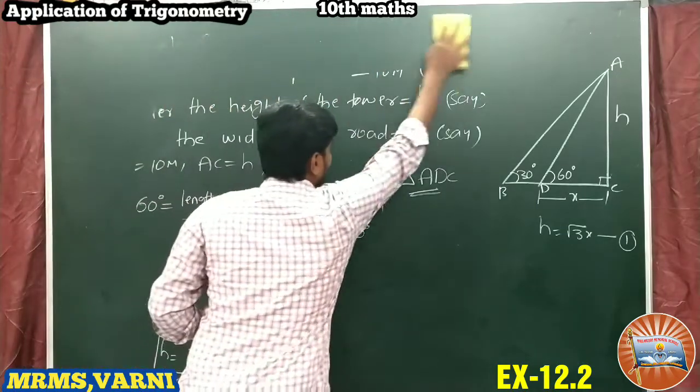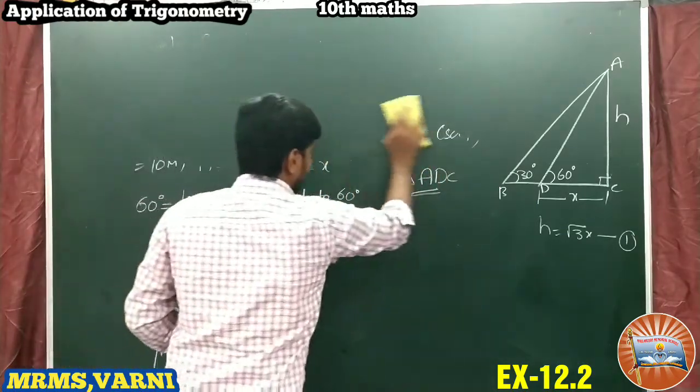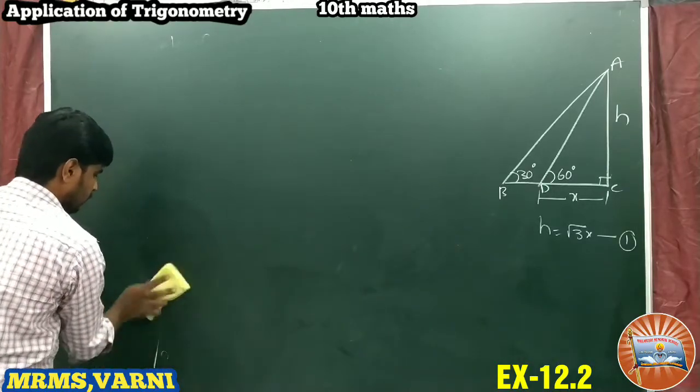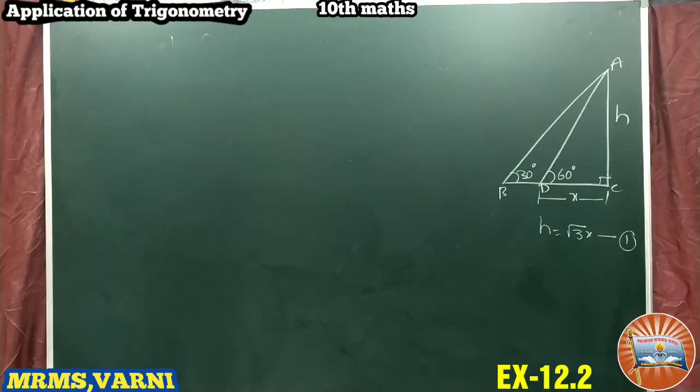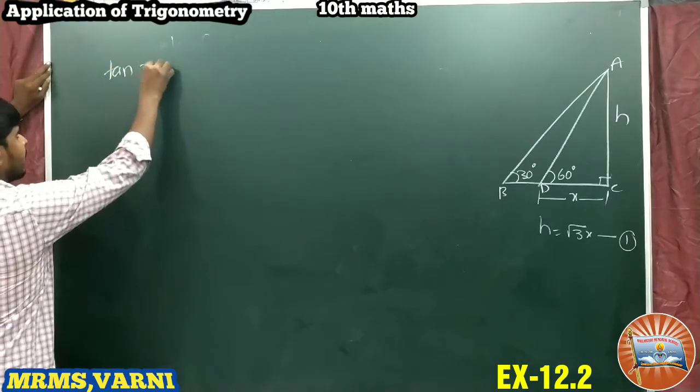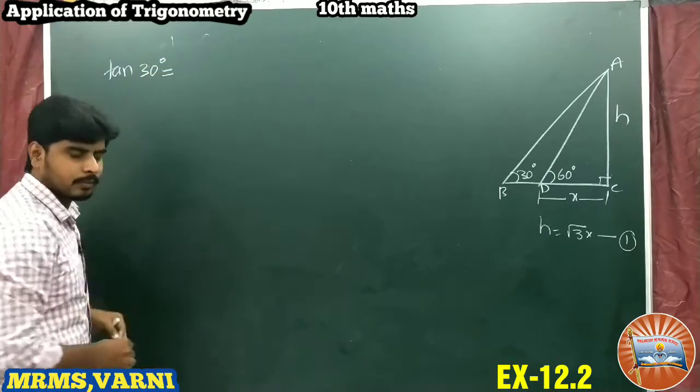Let us go for second case, tan 30 degrees. What is tan 30? Tan 30 degrees is equals to how much?